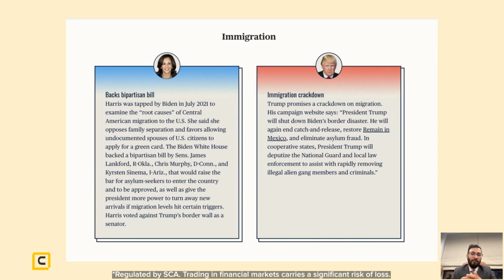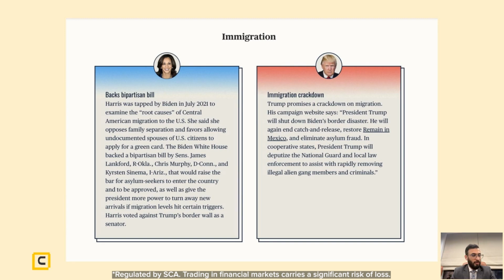So in the case of Kamala Harris and Democrats, they will allow immigrants to come if somebody is seeking asylum. But at the same time, the bipartisan bill which Kamala Harris backs gives the president more power to turn away new arrivals if migration levels hit certain triggers. Kamala Harris has voted against Trump's border wall, but obviously her view is much wider on this.